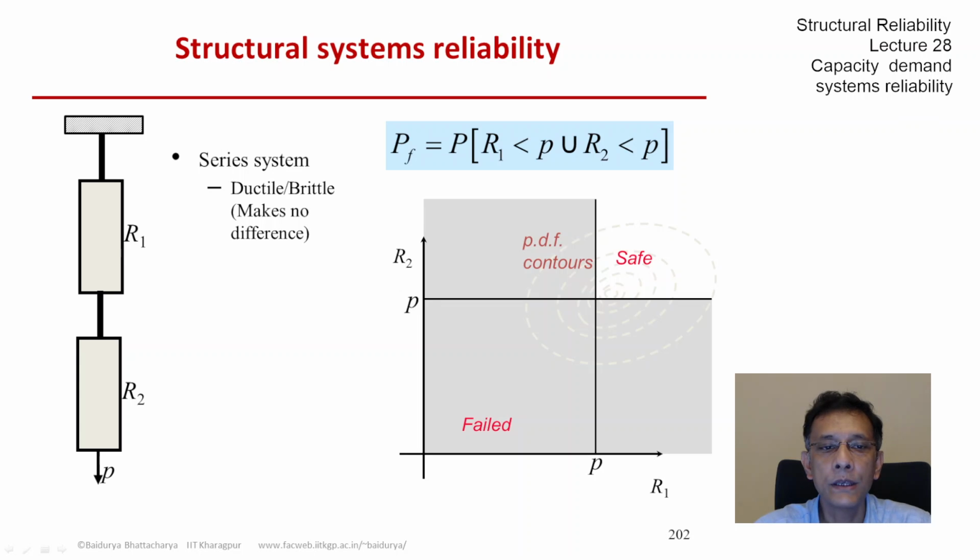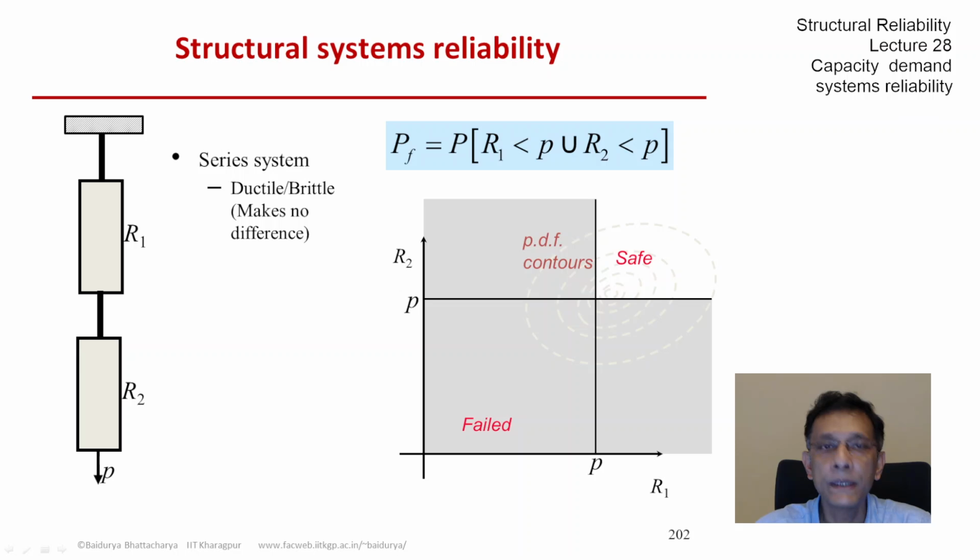R1 less than P or R2 less than P is, and it can go all the way up to infinity for either of them. So the safe region is only when R1 and R2 both are greater than P. So that's what you see on the upper right quadrant.